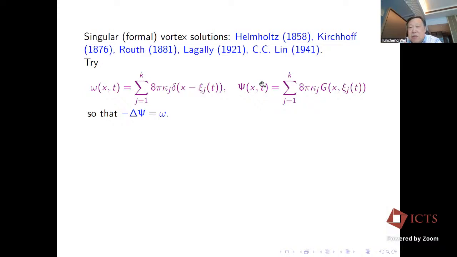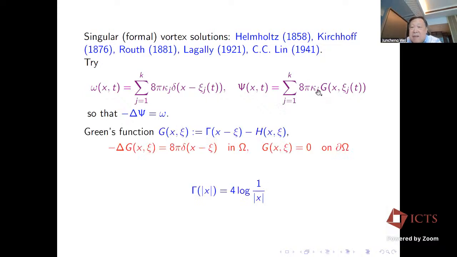So of course the stream function is nothing but the Green's function. And this is the definition of the Green's function. The Green's function can be decomposed into the Newtonian potential and the regular part. Right?